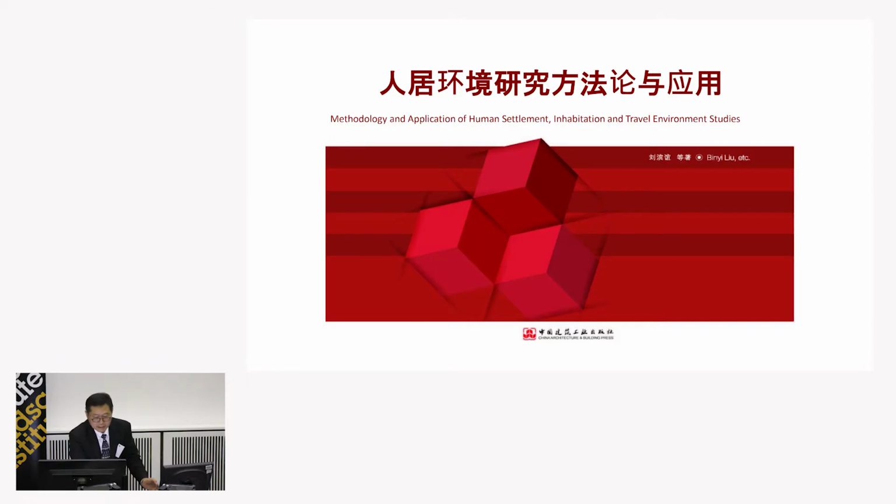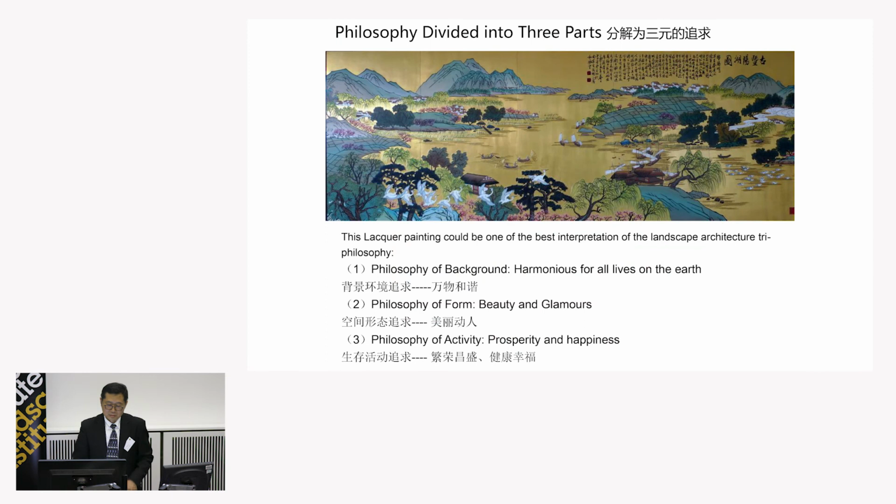This is the book I gave to the institute. So this is the final picture, and we can divide the philosophy of landscape architecture into three parts.